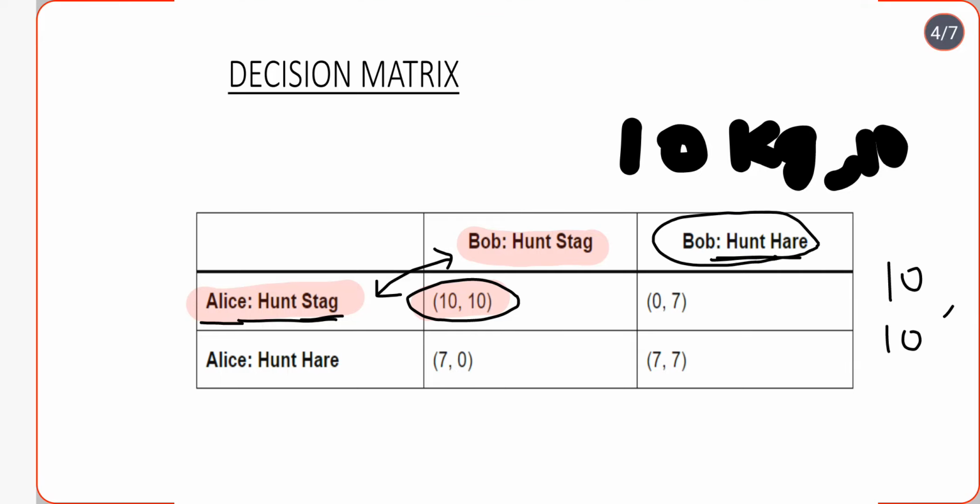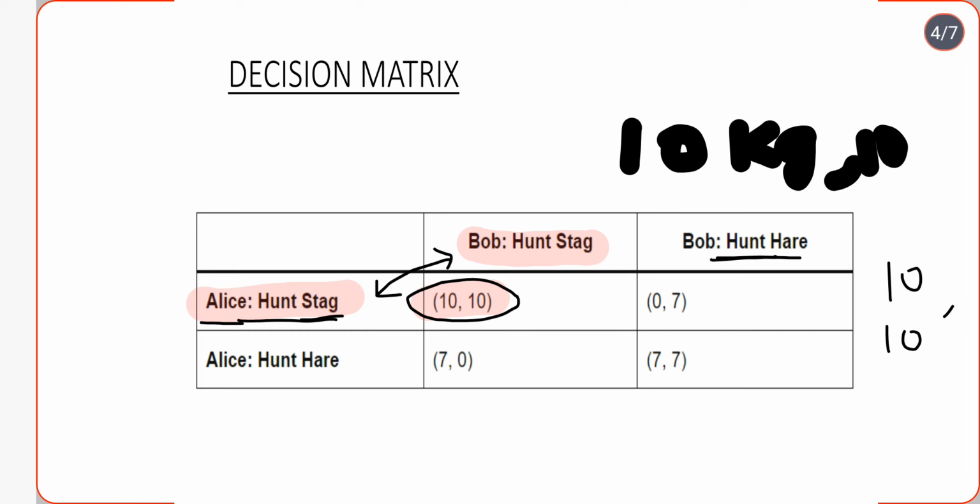So Bob will scare the stag and ruin the entire hunt, and therefore Alice, who was thinking of hunting the stag, will get 0 as payoff, that is 0 kilo of meat, and Bob alone, who was thinking of hunting a hare, will hunt a hare and get 7 kilo of meat. That will be his payoff.